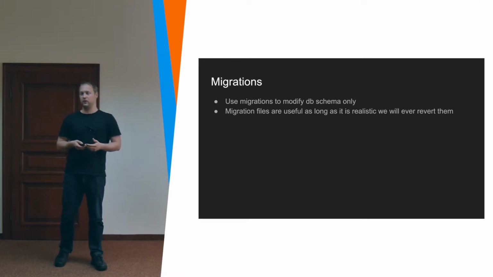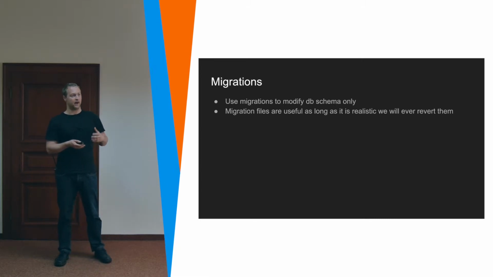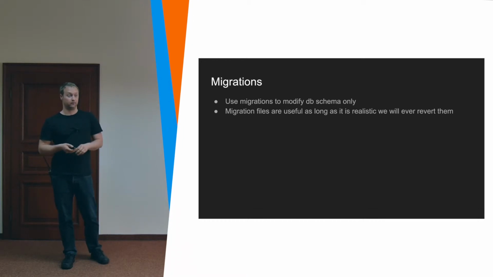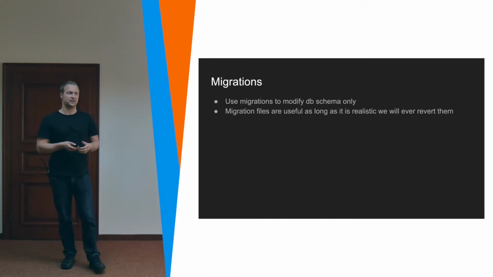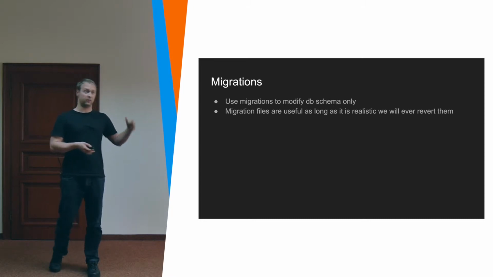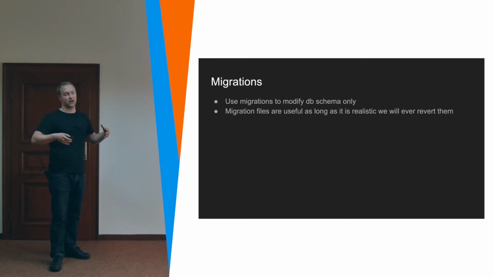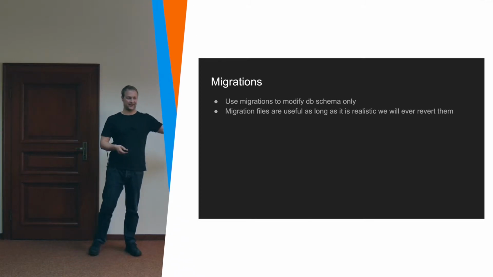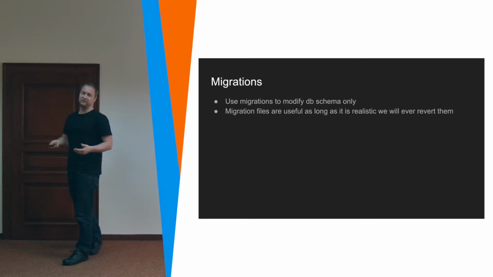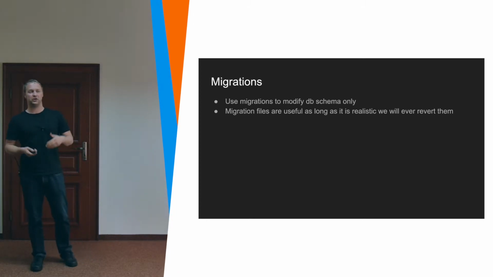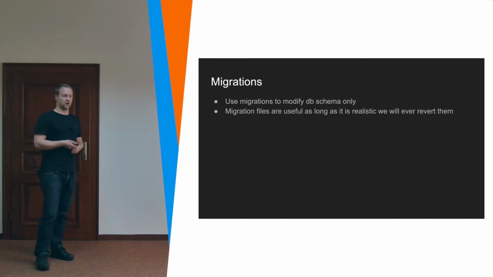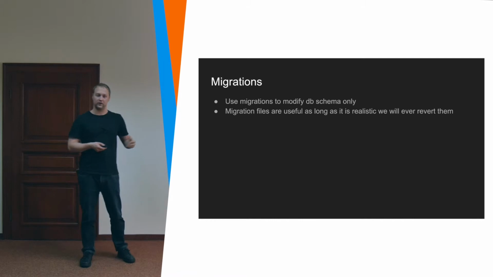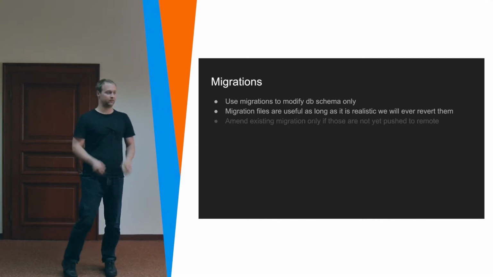In my opinion, if it's already covered in some dump file like structure.sql or schema.rb that are usually within our project, I think it is safe to remove all the migrations and clean up a project a bit, especially if in the lifetime of a project there were some irreversible migrations that will virtually prevent us from going back a certain amount of steps. And basically, how many times do we actually revert many migrations back? It doesn't happen very often. So if you feel that you might have a chance to remove some of those that are really old, then maybe it's okay to do it. At least I think so.